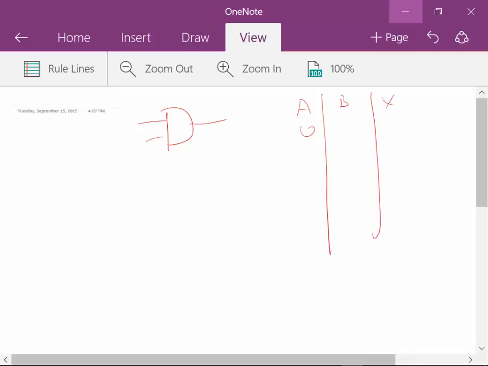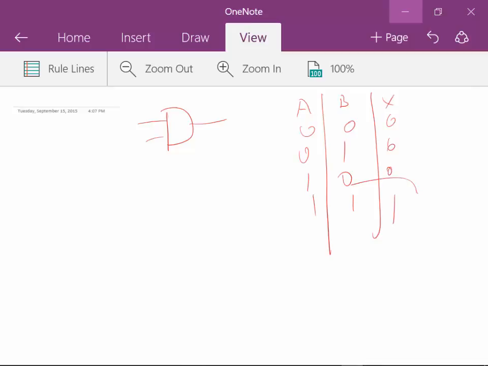X, 0, 0, 0, 1, 1, 0, 1, 1, 0, 0, 0, 1. The output is high only if all the inputs are high.